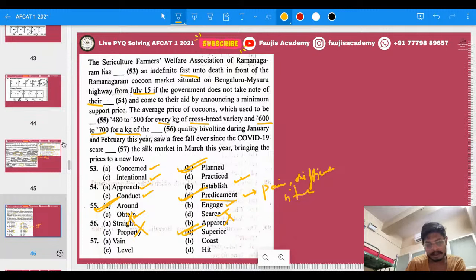If it is costing more, then obviously the cost will be more, right? Superior quality, bivoltine. That could be the name of that particular quality. Question 55 answer will be A. During January and February this year, it saw a free fall ever since the COVID-19 scare hit the silk market. Not coast, not vein, not level.